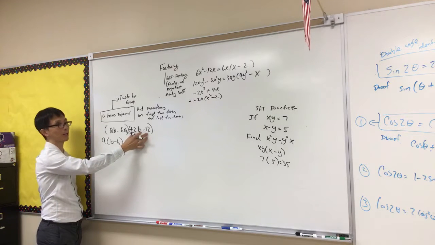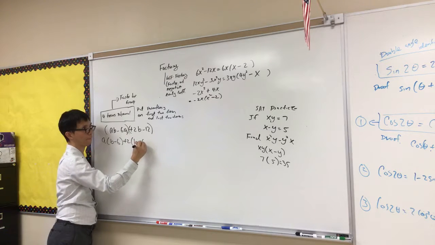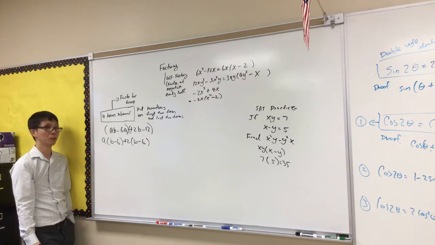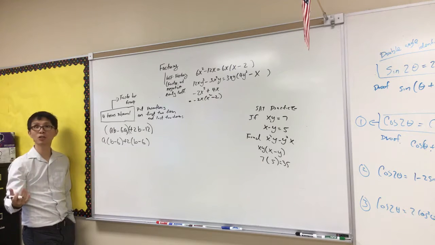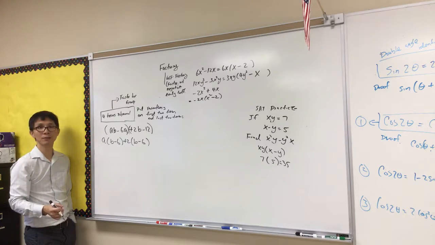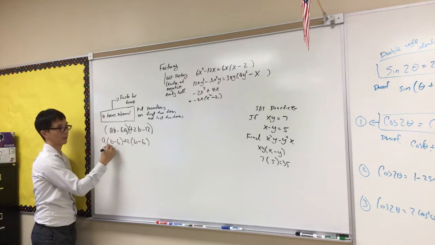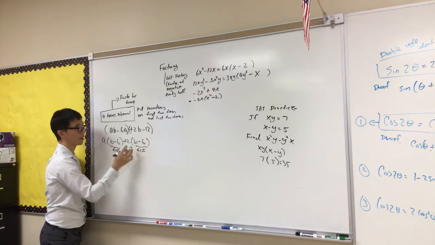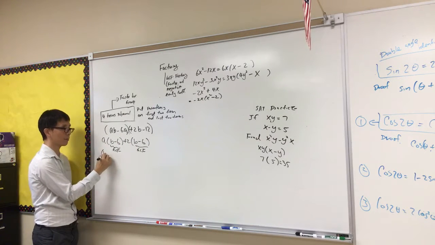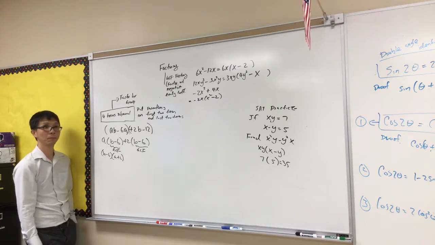What's the GCF of 2b minus 12? 2. Boom. Done. And then you say, okay, am I done here? No, not entirely. There's an addition sign between the 2 terms. There is still a GCF. What is the GCF in this case? They both have b minus 6. Can I take out b minus 6 on both terms? Yeah. Boom. That's a factor.